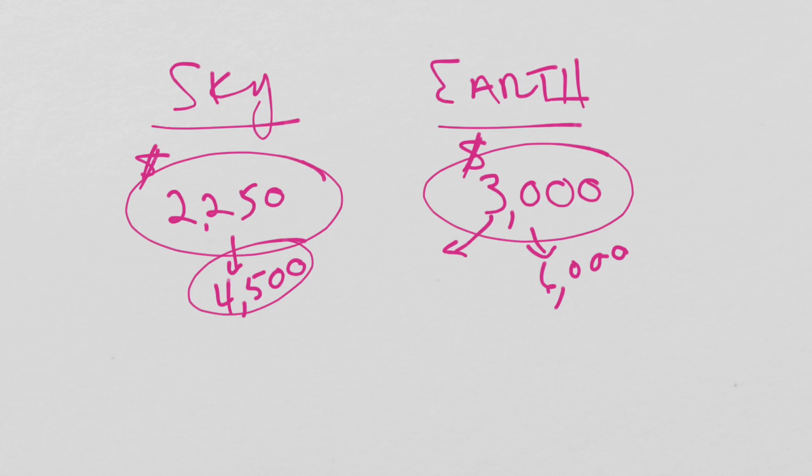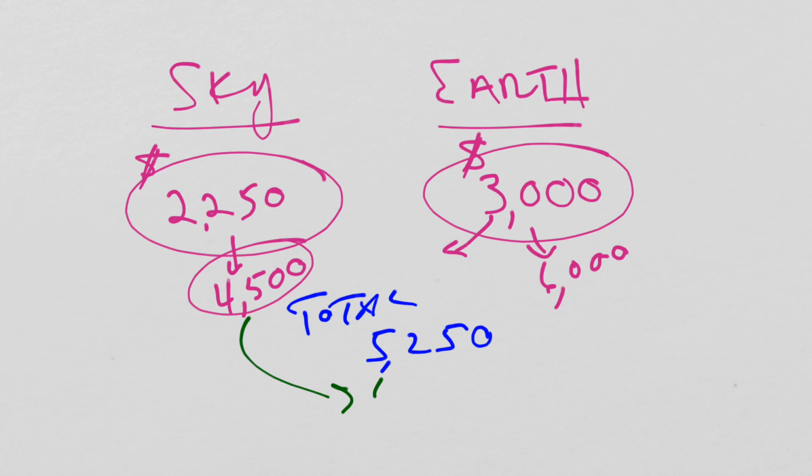Sky's books would have recorded $2250, Earth would have recorded $3,000, which would have given a total for the year. The total of the year between the two books before the elimination will be these combined, which is $5,250. But it should have been just $4,500. The should have been is based on as if the sale never happened.